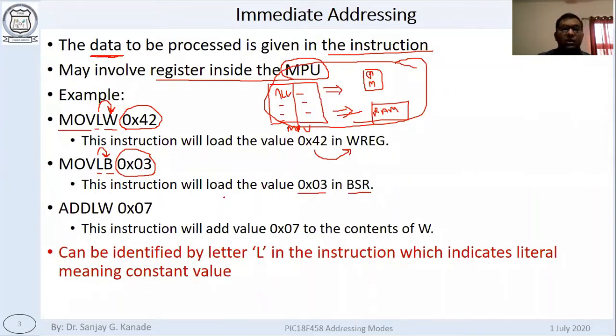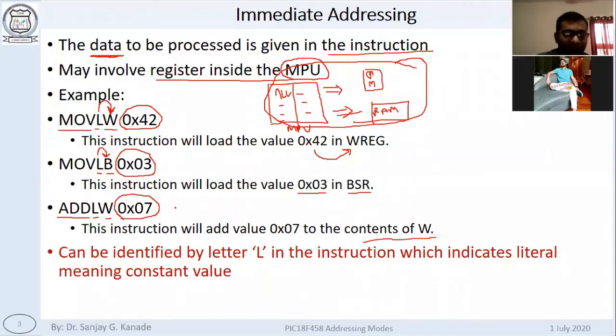Similarly, we have also seen this instruction, ADDLW. What it does, it adds the literal given in the instruction with the contents of W, right? You getting this point? We have seen this instruction also, right? The value is actually given in the instruction itself.